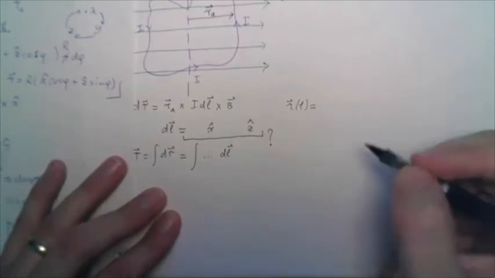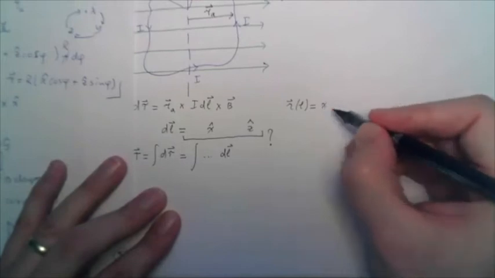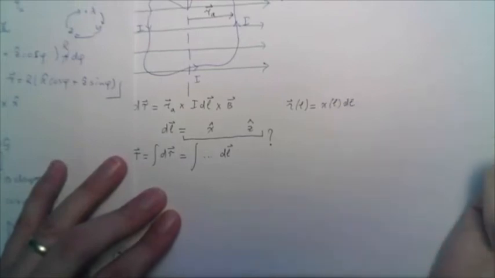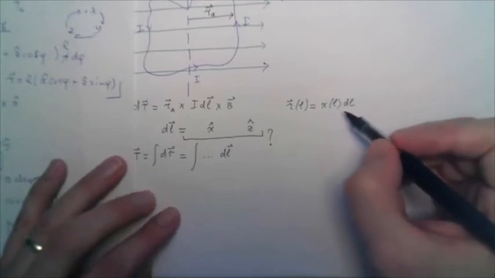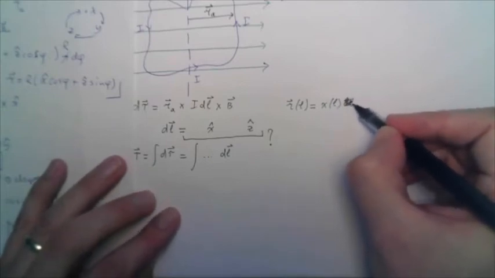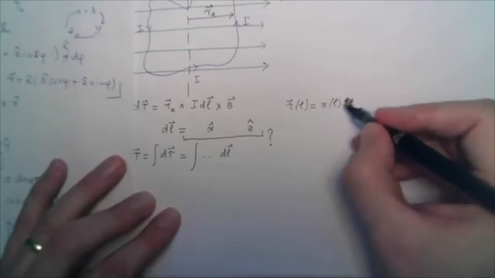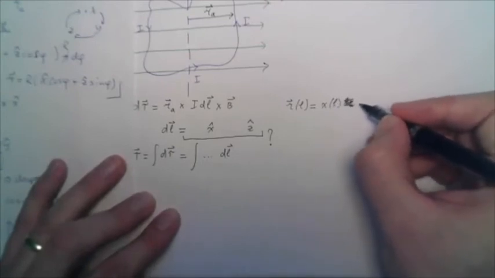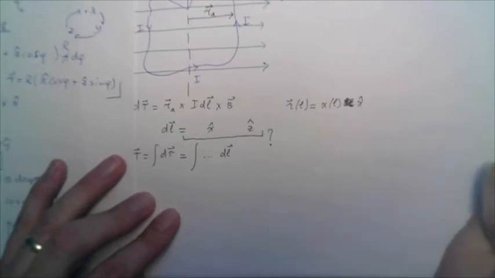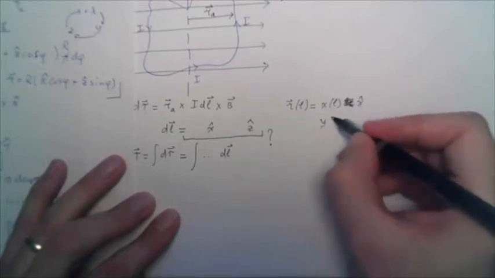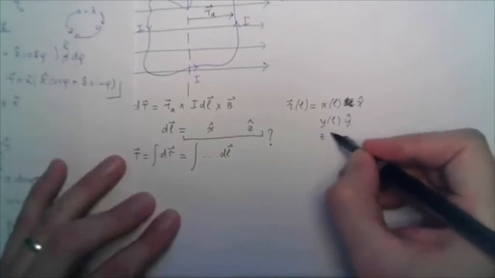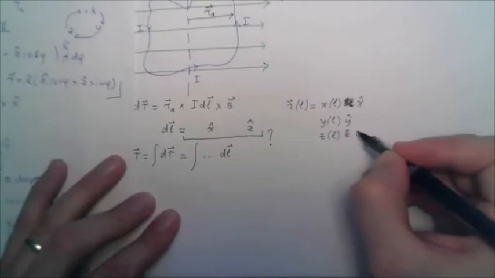So I can say, I have some x component with some kind of a function based on L, and I have a y component, y hat, and I have some z component, z hat.